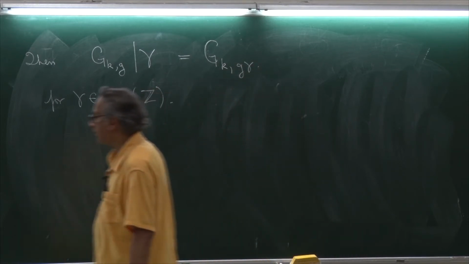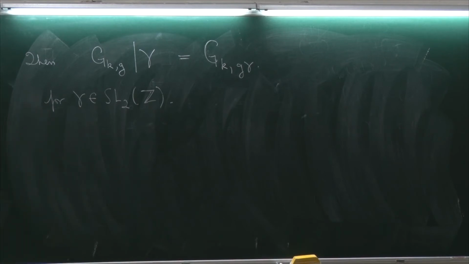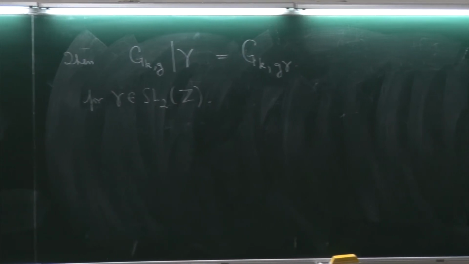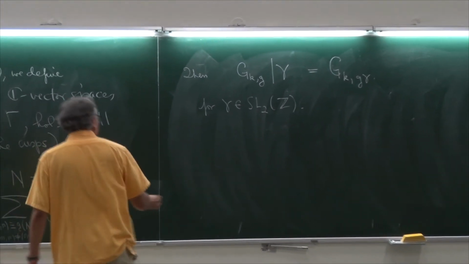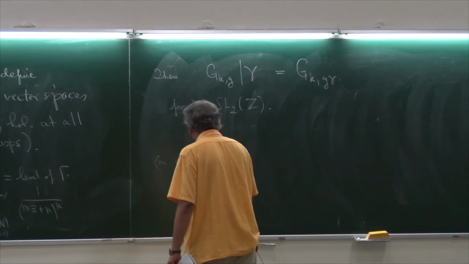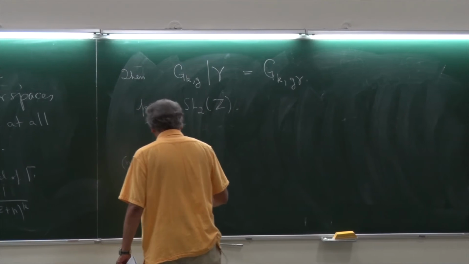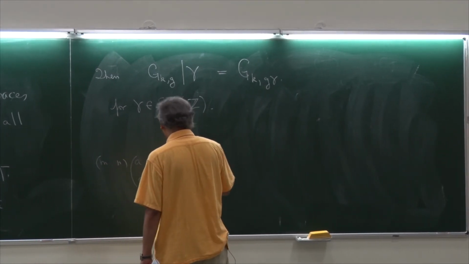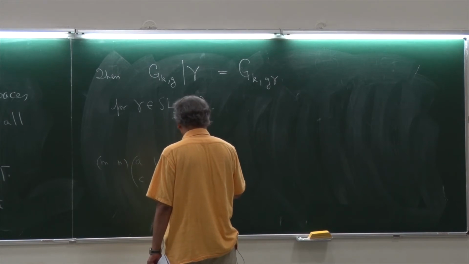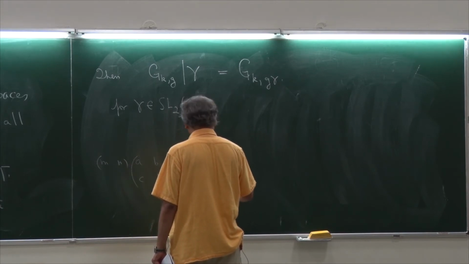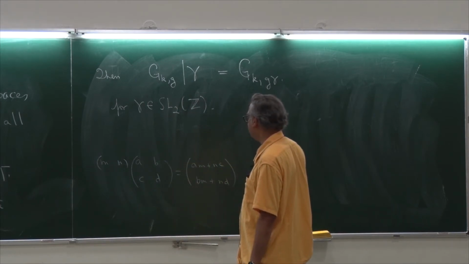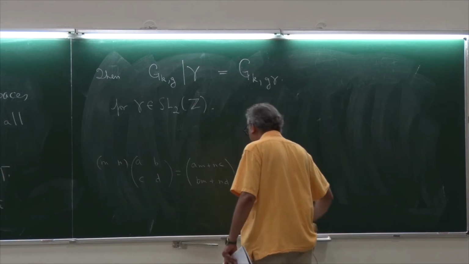So what do I mean by g gamma? Well, g is an element here. So when you take an element, let's call it (m, n), and you have a matrix (a, b; c, d), then this is what? (am + nc, bm + nd), right? I should have made it a row vector, sorry.